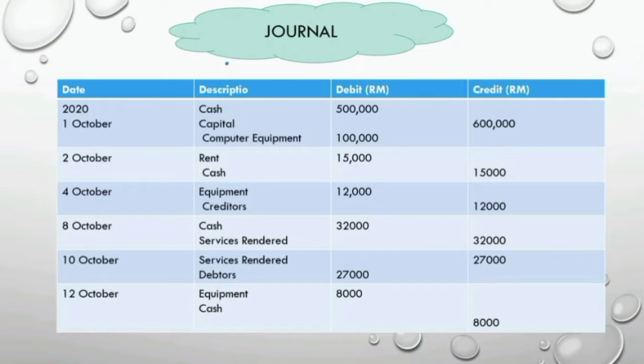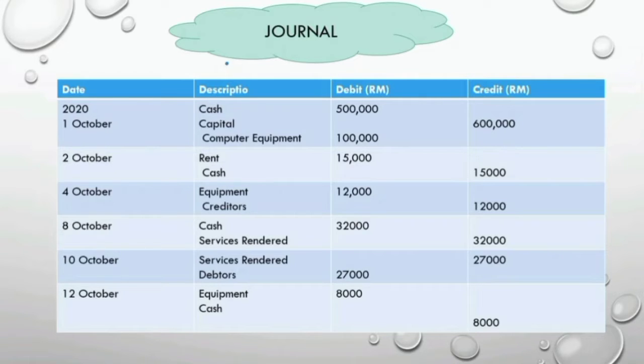For 8 October, we have cash account and services rendered account. For cash account, we put on debit, and for service rendered, we put on credit. Next, on 10 October, service rendered account and debtors account.